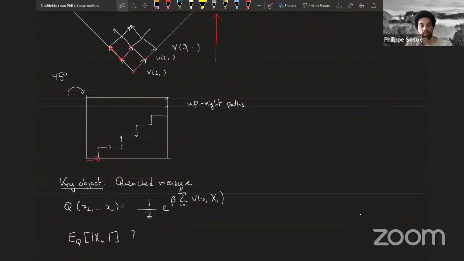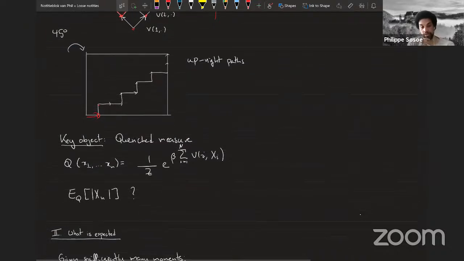What is the location of the path when we measure it, not according to the random walk measure, but according to a reweighted measure where each path is given this random weight given by the Gibbs weight e to the beta times the sum of the values of the potential evaluated along the path of the given realization of the random walk.